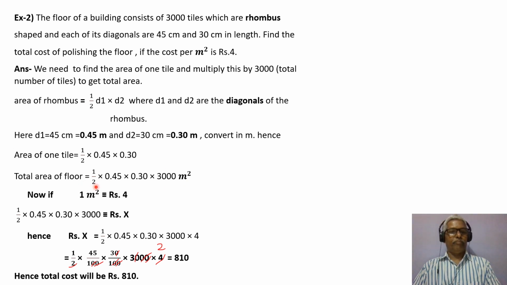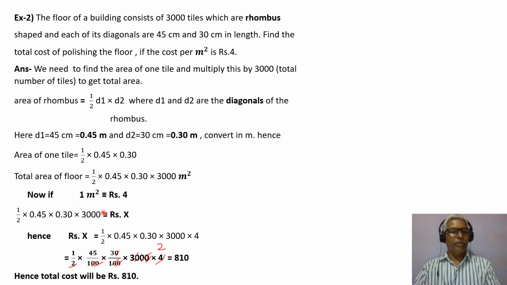You don't know. Now if 1 meter square is rupees 4, then for all this we will use cross multiplication. If 1 meter square is rupees 4, then this much meter square total is rupees x.